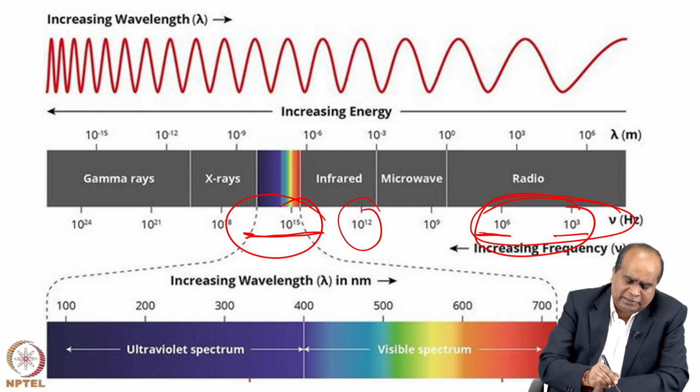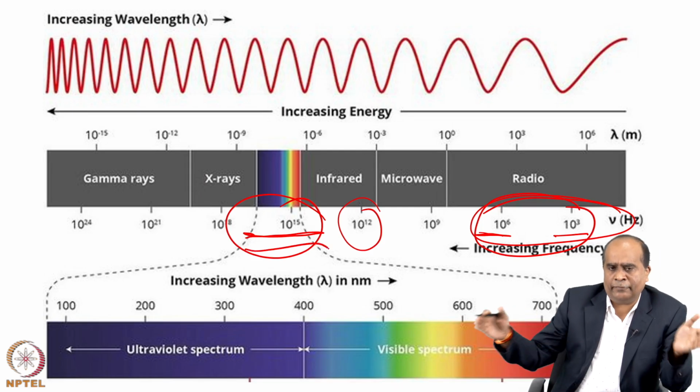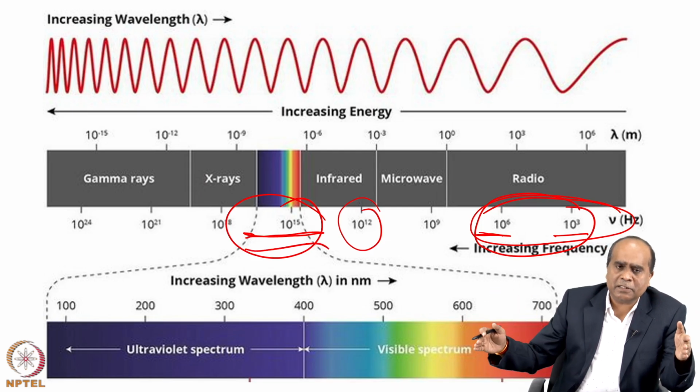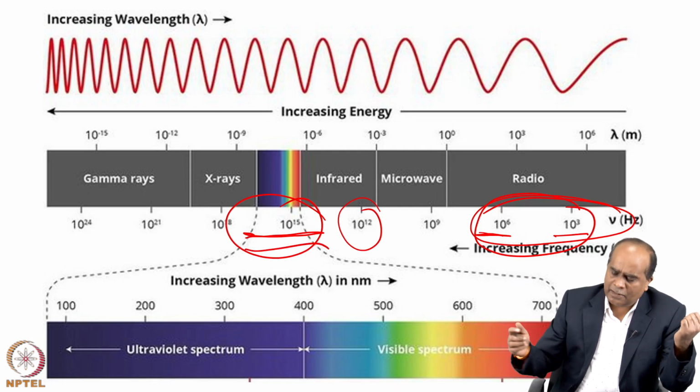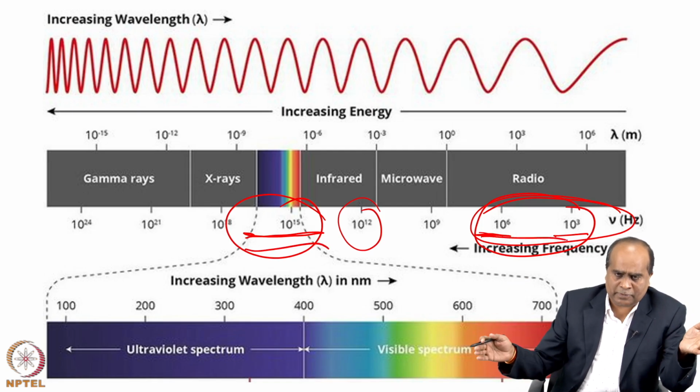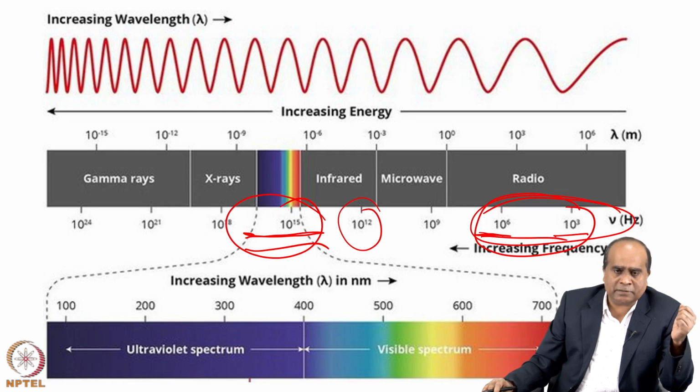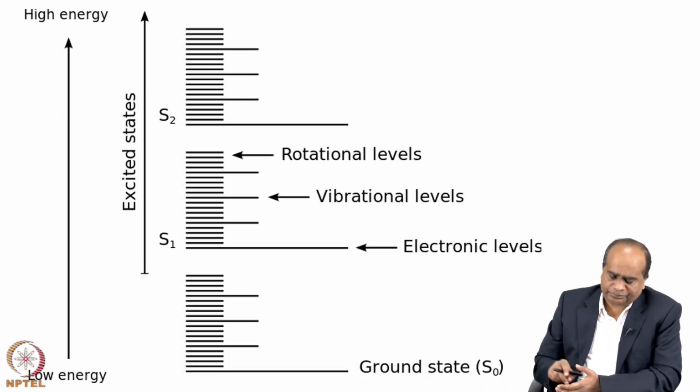In this case you require the UV-visible range, so the frequency is going to be 10 to the power 15, and in this case 10 to the power 6 to 10 to the power 3. So, that is the difference of energy required for a particular kind of spectroscopy.